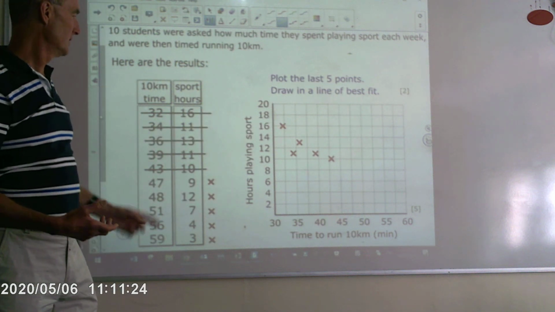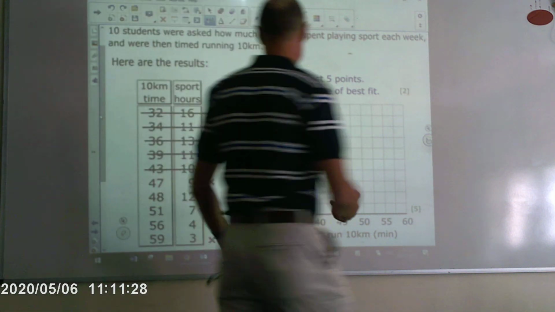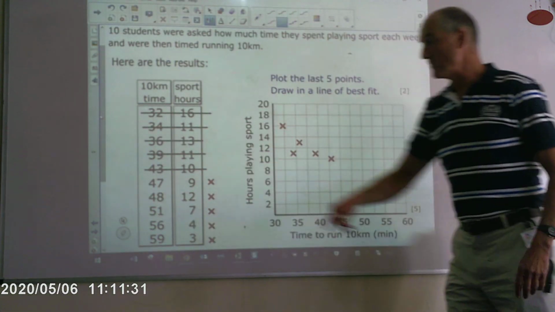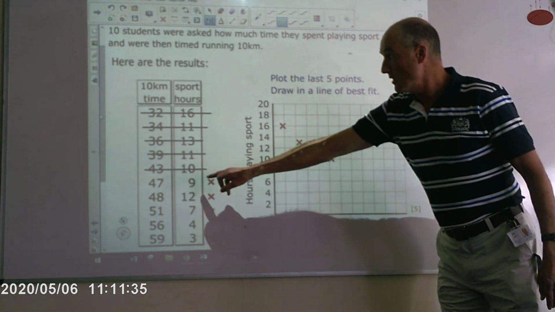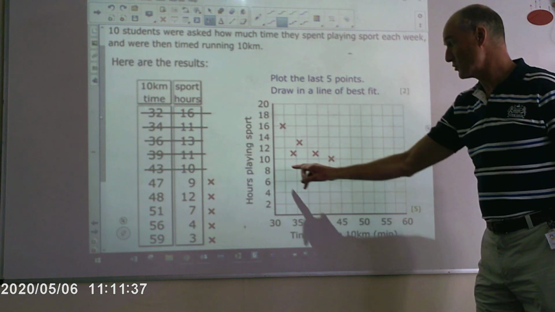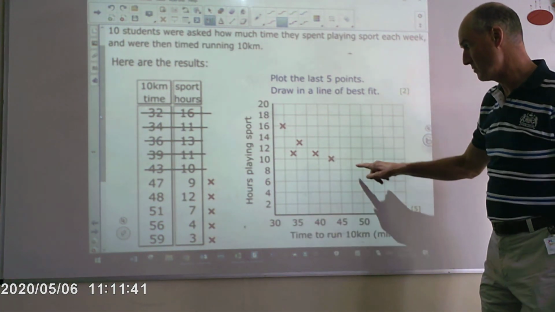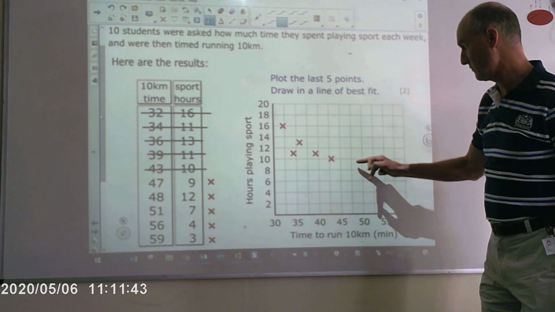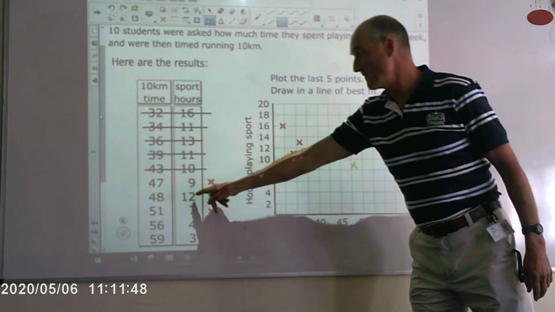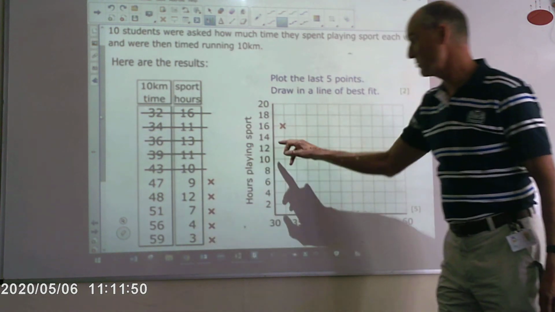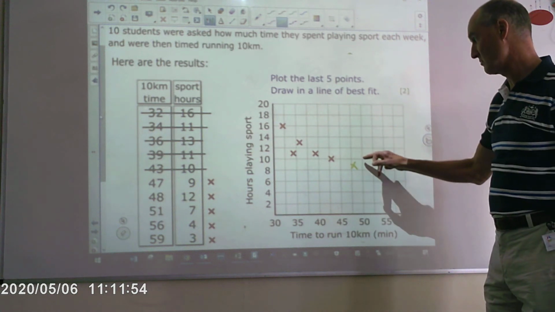Okay. Now I've plotted the first 5 points for you here, to plot those other points. 9 hours spent on sport, so that's along here. 47 being the time. 12 hours spent on sport, 48 minutes.